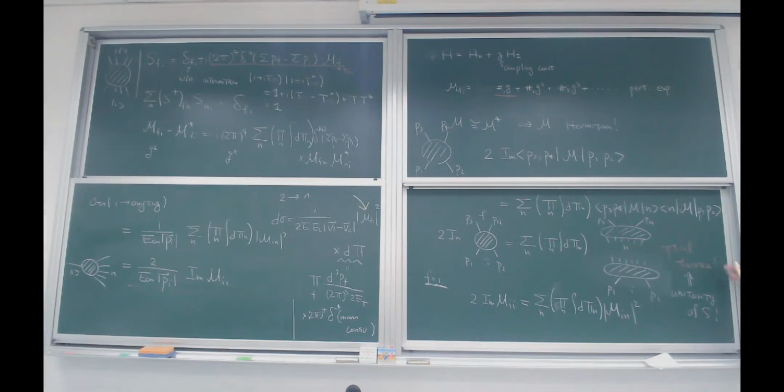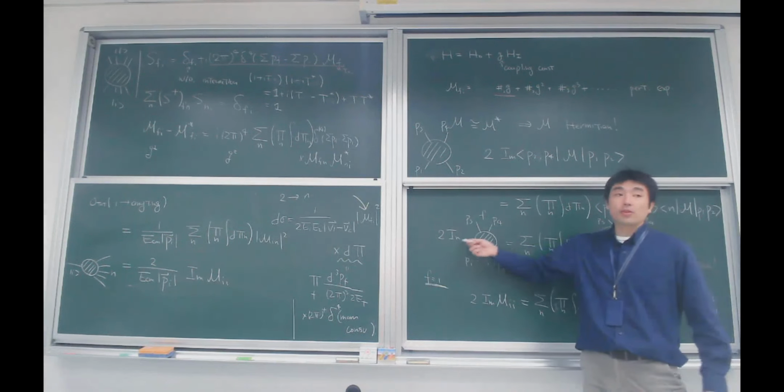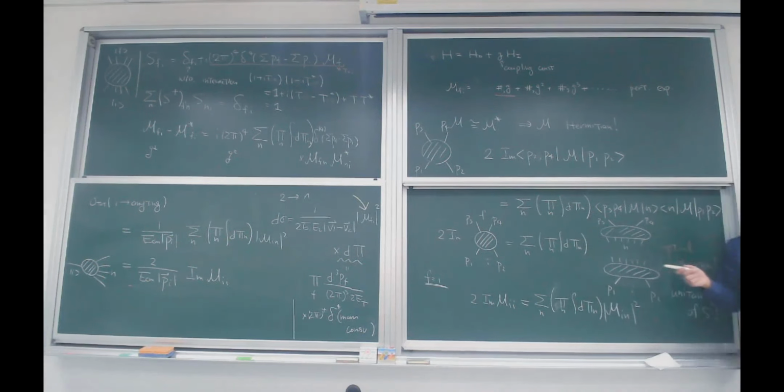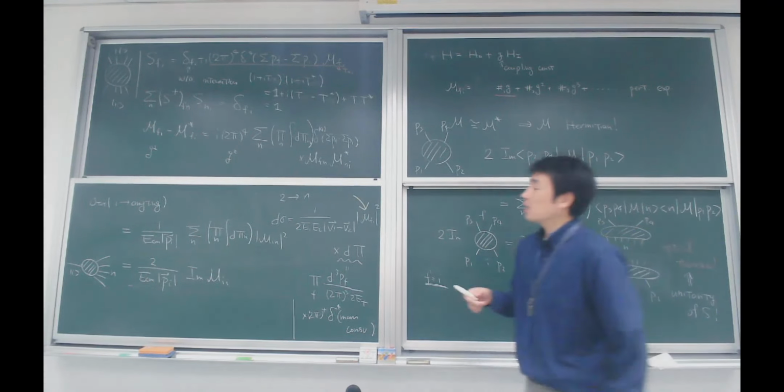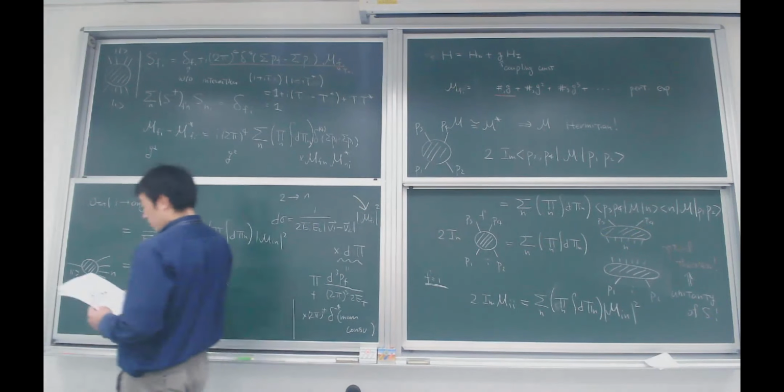Unitarity of S imposes that if you look at the imaginary part of the amplitude, that will give you some differential cross section from P1 to n and to the final state. So that's the consequence of unitarity.